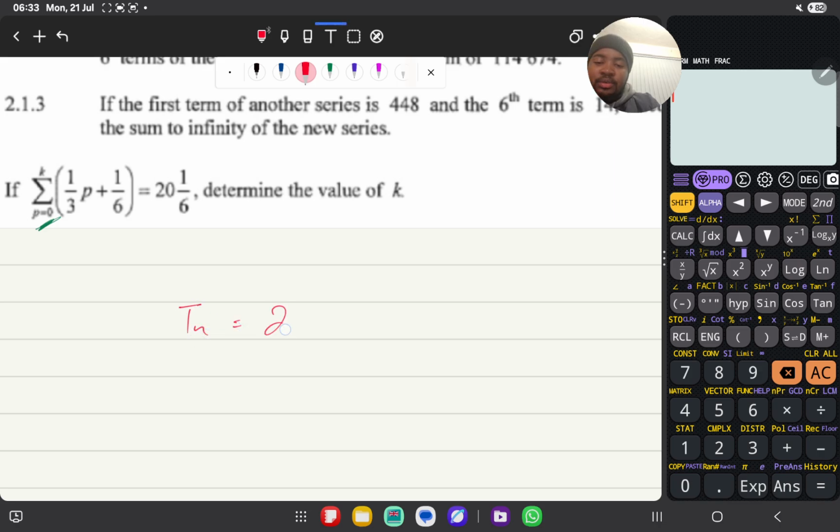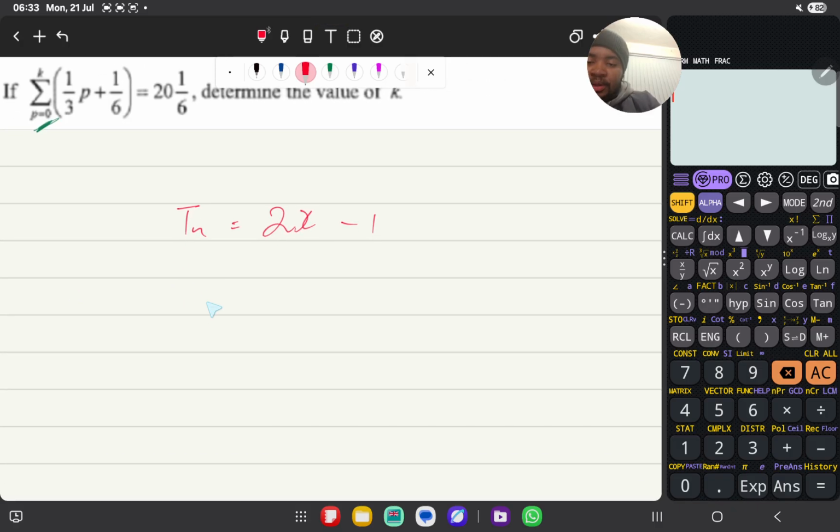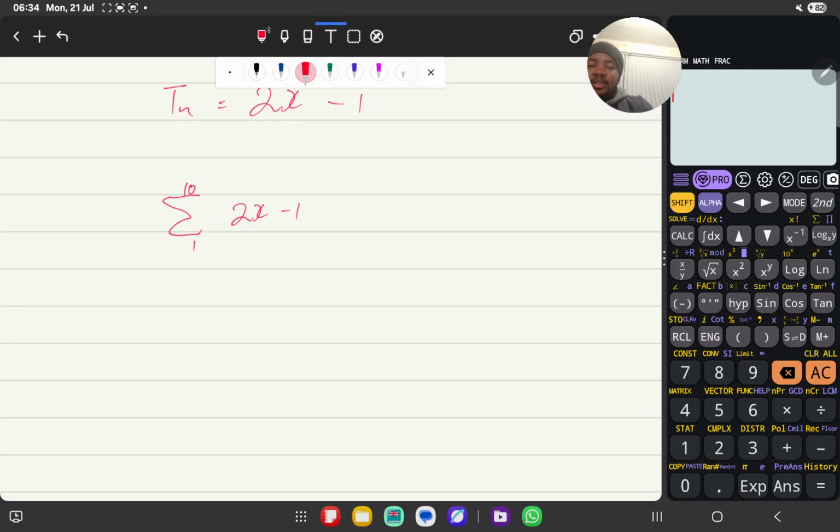Tn equals 2x minus 1, né? Let's compare the sum to 10 from 1 of 2x minus 1, versus the sum to 10 from 0 of 2x minus 1.